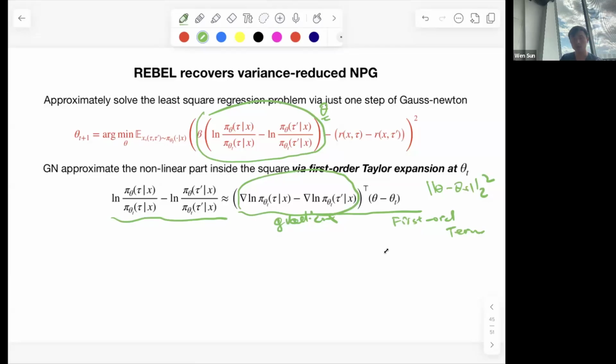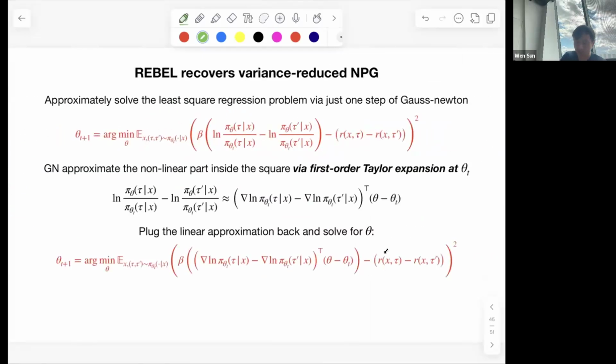Okay, so now Gauss-Newton is essentially going to plug this back into the square loss, right? Plug the linear component back into the square loss and solve a linear regression problem now. Okay, so let's do this. Let's plug this linear term back into the square loss. I got the following linear regression problem, right?